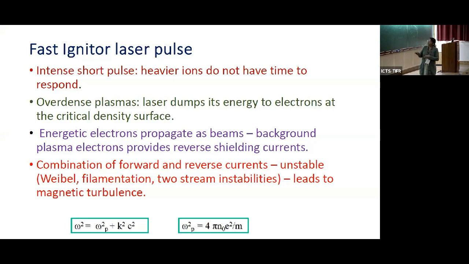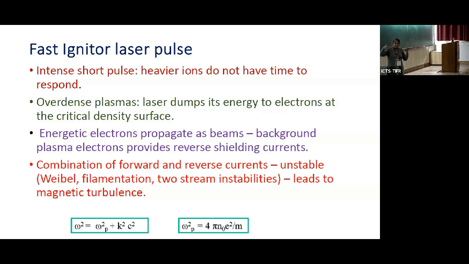As I've already stated, and this is just a repetition, we need to understand the energetic electron transport in the plasma, and what happens as the energetic electrons move from the critical surface towards the target. They move inside the overdense target.